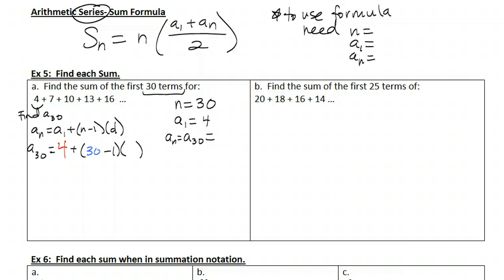This time it's obvious because I can just do from 4 to 7 is 3. But sometimes you might need to use that formula. And then notice this time the missing piece or the variable is term 30 because that's what I'm trying to find. So this time it actually makes it a little easier because I can just type that all into my calculator if I wanted to. 30 minus 1 is 29 times 3 is 87. So term 30 is 91.